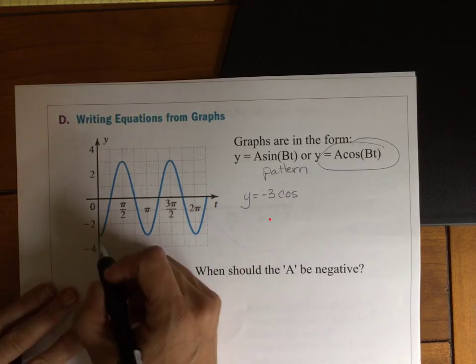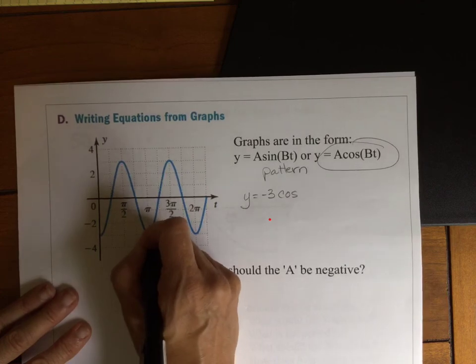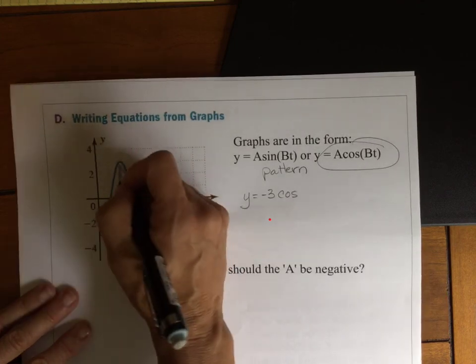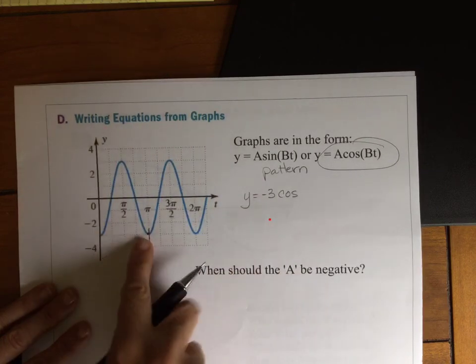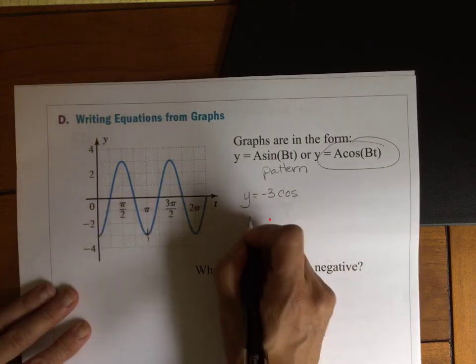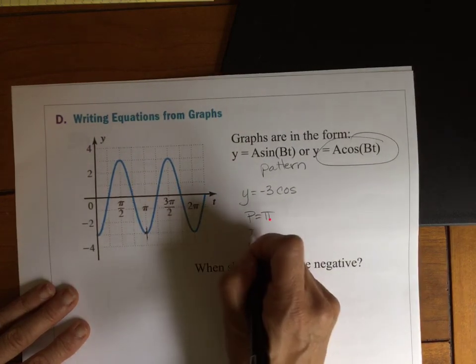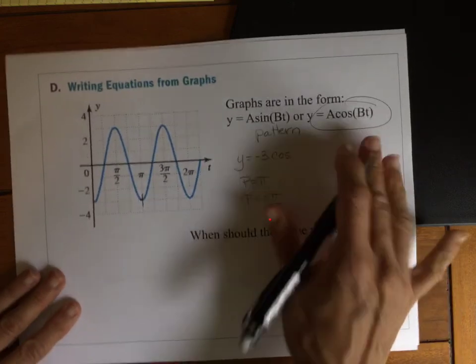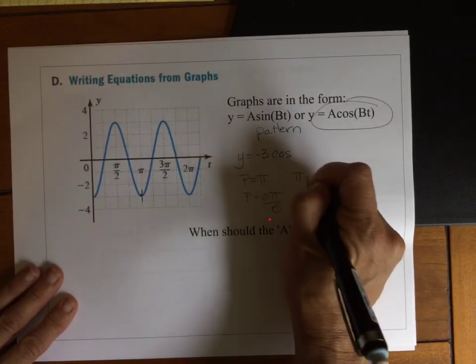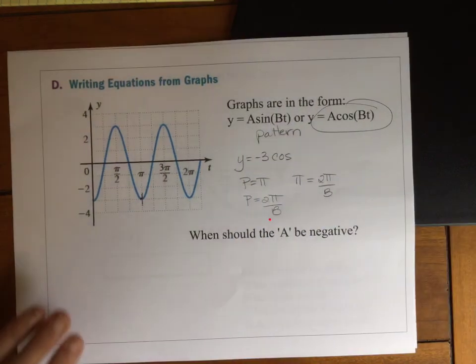The period is the time for one cycle, and we can see that the period on this, it starts at a min, goes to a max, back down to a min before it repeats itself, is pi. So I know my period is pi, and I know that the period equals 2 pi over b. So I can use that to solve. Pi equals 2 pi over b.